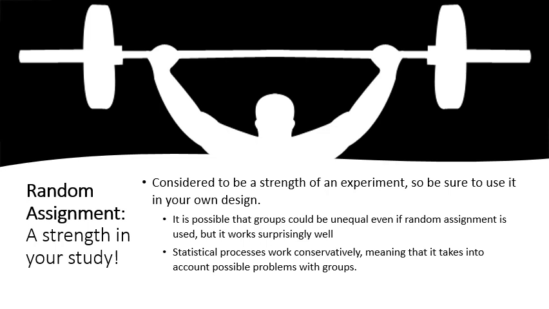But randomization works surprisingly well at equaling out these group differences. And statistical processes also work conservatively, meaning that they take into account these possible problems with groups. So these kinds of things can be balanced out statistically. So if you're using a random assignment process, then you have a good, strong foundation for your study.